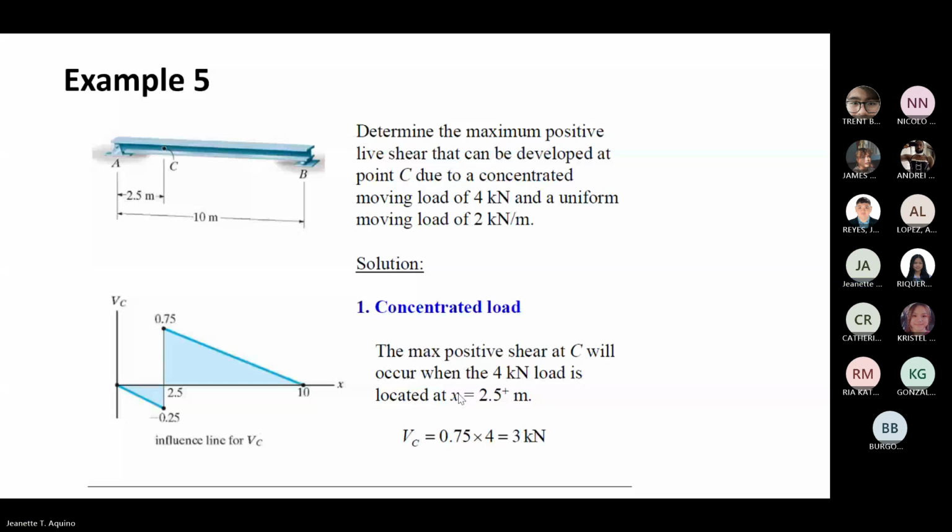And for the uniform load, the maximum positive shear will occur when the 2 kilonewton load is placed between X equal to 2.5 and X equal to 10 meters.